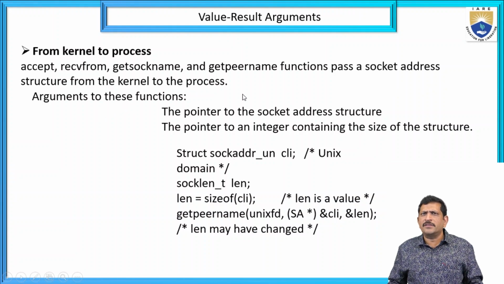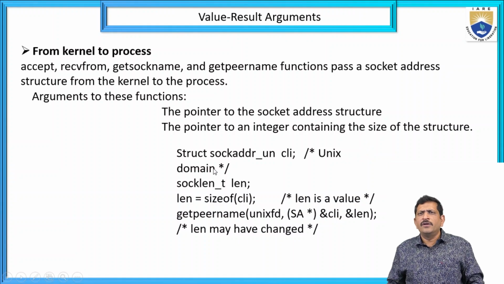pass a socket address structure from the kernel to the process. The arguments to these functions are the pointer to the socket address structure and the pointer to an integer containing the size of the structure.